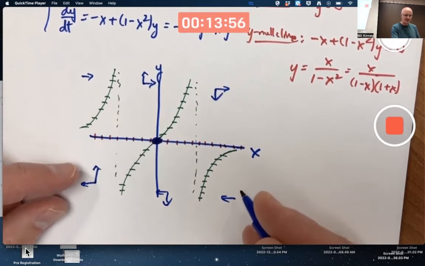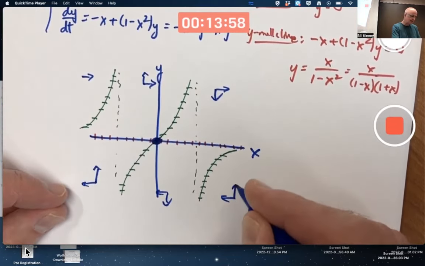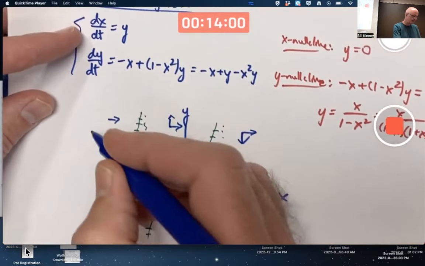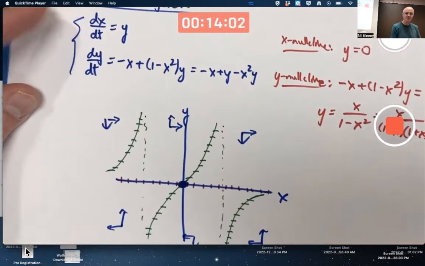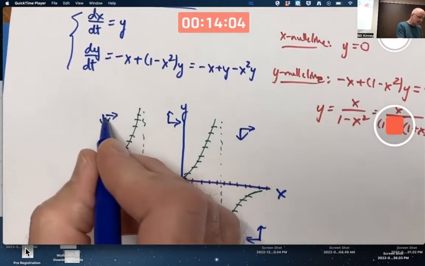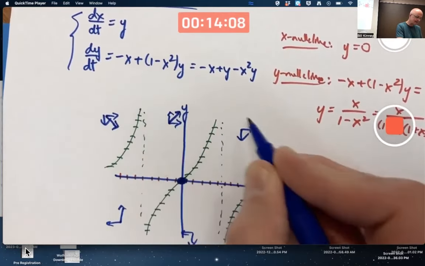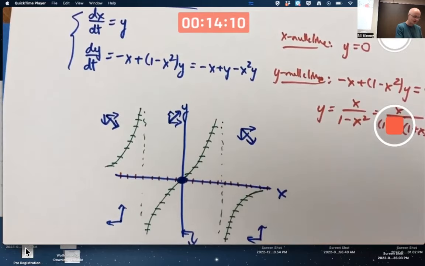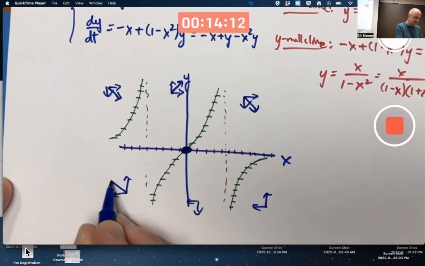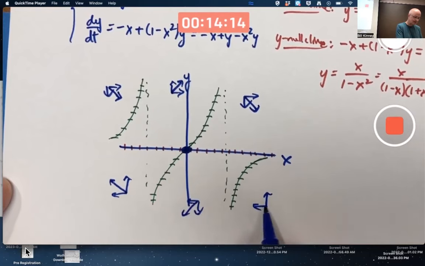Turns out if you test points down here, you'll get a positive dy/dt, and a point up here, you'll get a negative dy/dt. So overall, solutions up here go to the southeast, and here they go to the northeast, southeast, down here, northwest, southwest, northwest.